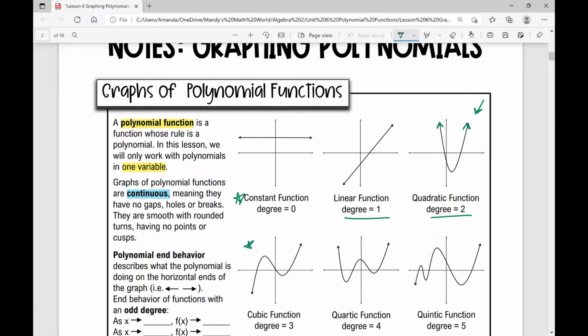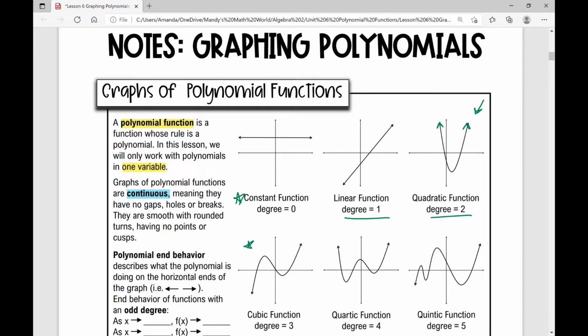Your parabola is going to open up or it's going to open down. If you look at a cubic function, on the ends out here, they don't end in the same direction. If one is going up, the other is going down. That degree is a 3, or it's a third degree function.